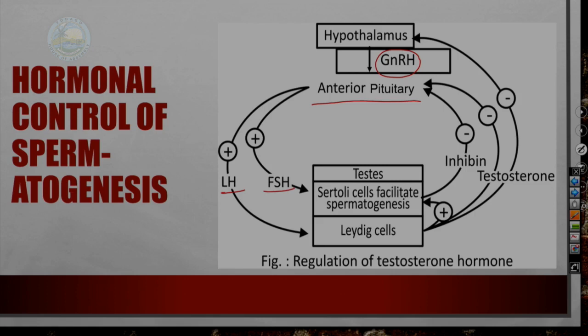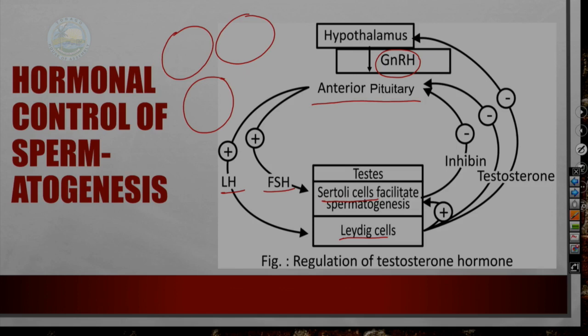Now these hormones have a direct impact on the testes. FSH impacts on the Sertoli cells, and LH impacts on the Leydig cells, also known as the interstitial cells. Now if we make a little diagram here, and these circles we draw represent the seminiferous tubules in which you have the production of the sperms.